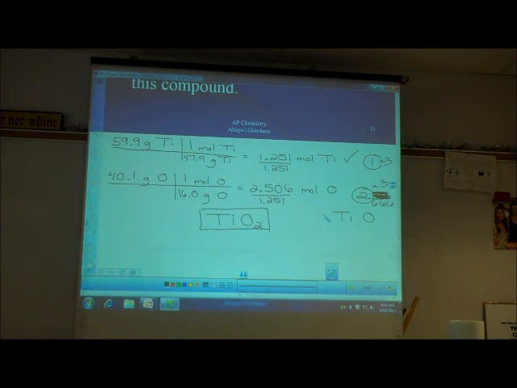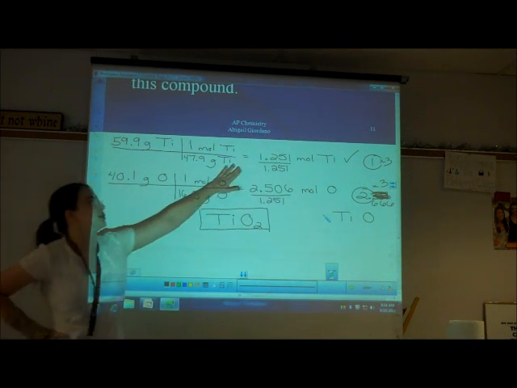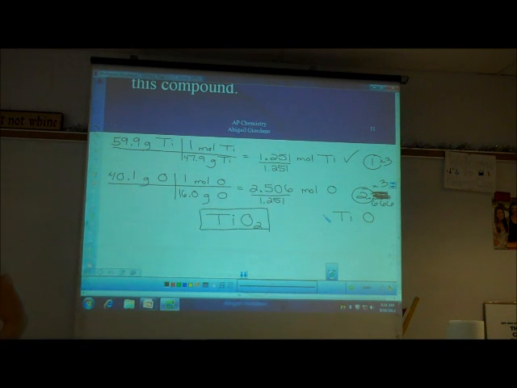So, guys, what I'm trying to show you here is, when you do this divide by the smallest number of moles step, you're going to have a couple of possible scenarios. You're either going to automatically end up with whole numbers. That would be great. You might get a 0.5. You might get a 0.33. You might get a 0.66. Let's say you do this step and you get a 1 on the top and 2.83.